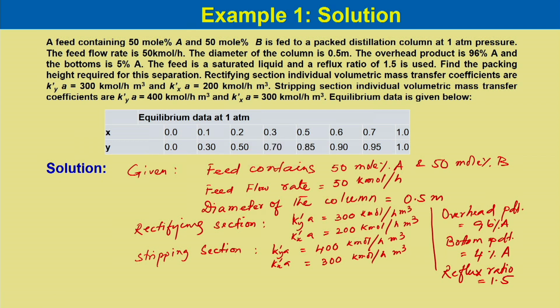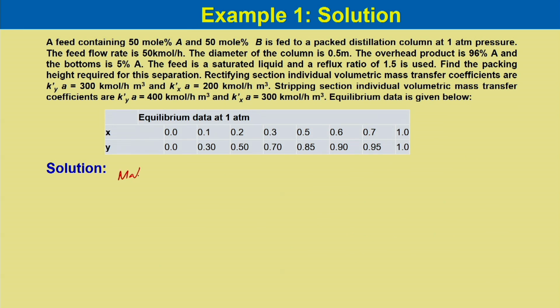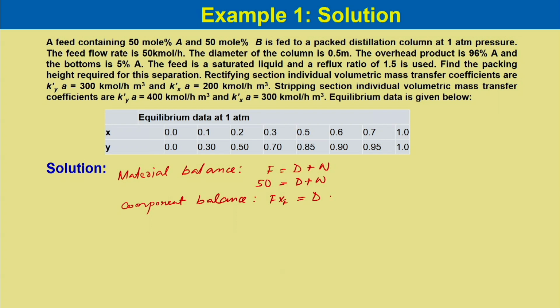Now, let us do the material balance. Overall material balance is F is equal to D plus W. F is given 50, which is equal to D plus W. Now, component balance on A, it would be F xf would be equal to D xd plus W xw.